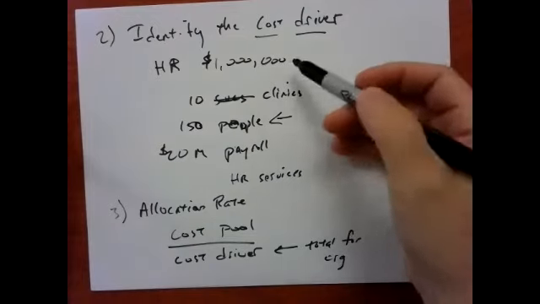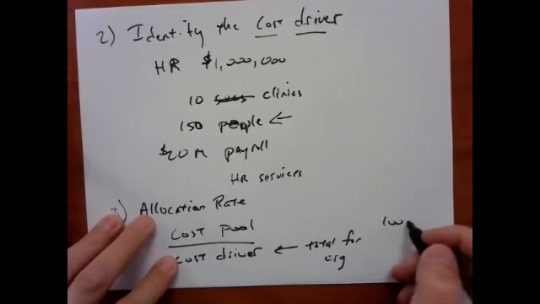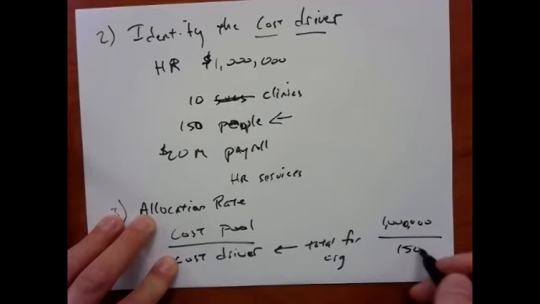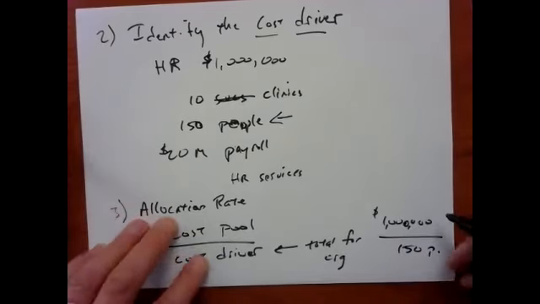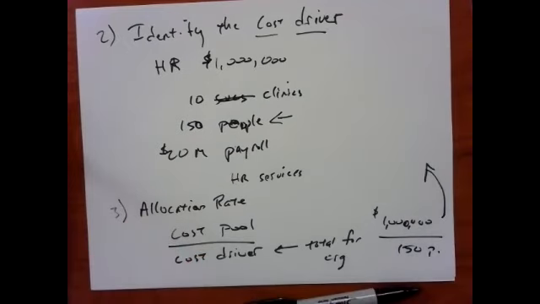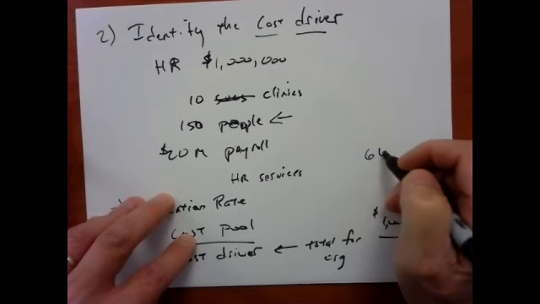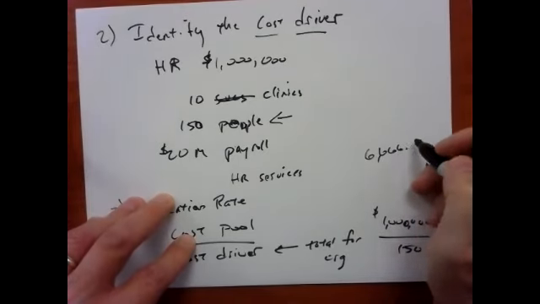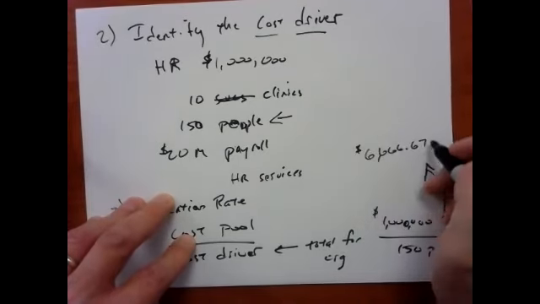So we'll divide $1 million by 150 people. And that comes up to, I can't do this in my head, it's going to be a fraction. It's going to be $6,666.67 per person.